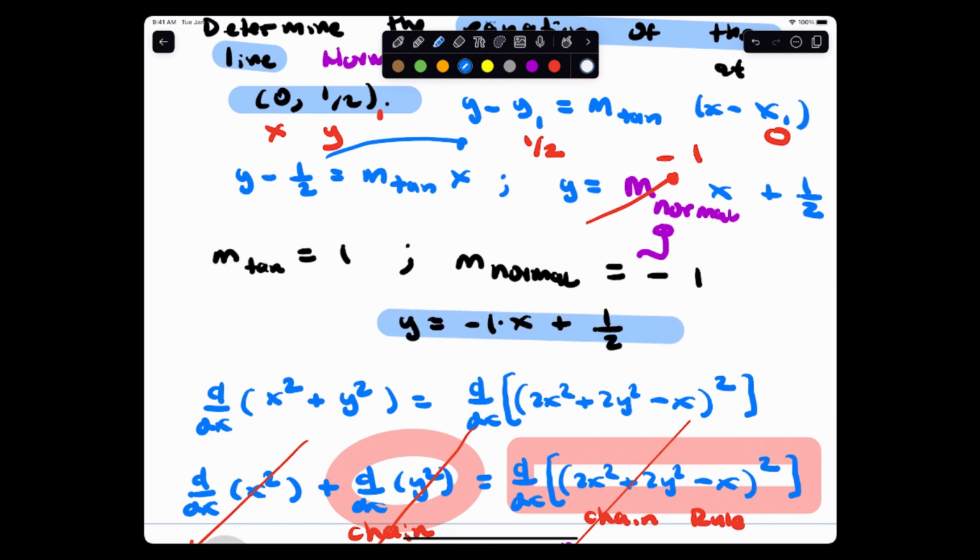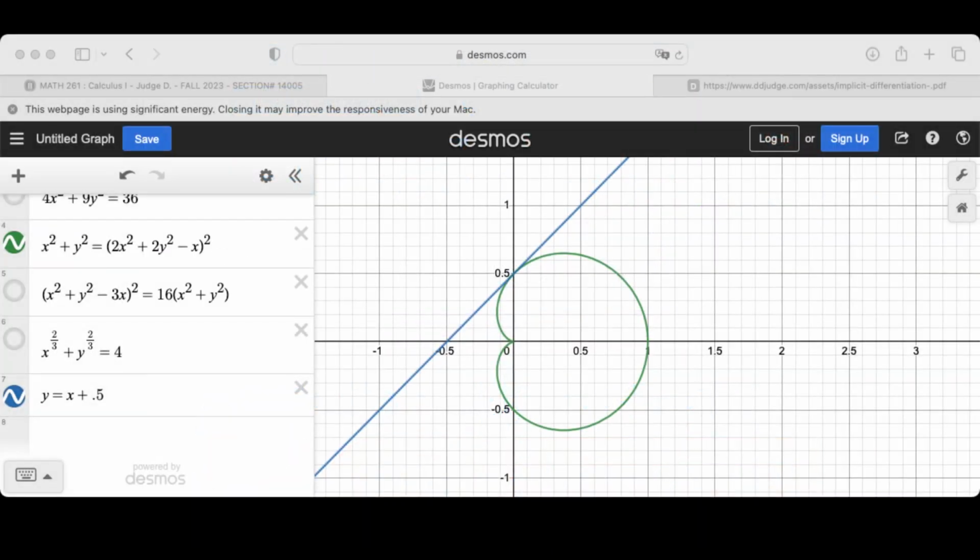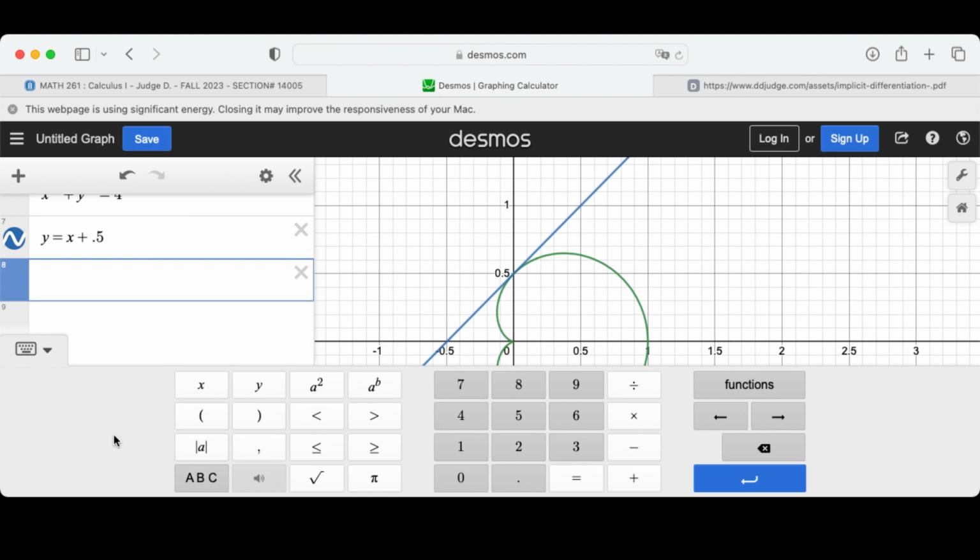And maybe we should see that in Desmos and color it purple. Let's make that purple here, okay? And I am going to actually just put it as a negative there for you guys. Let's go back. Y equals negative x plus point what? 5, and we want that to be purple.